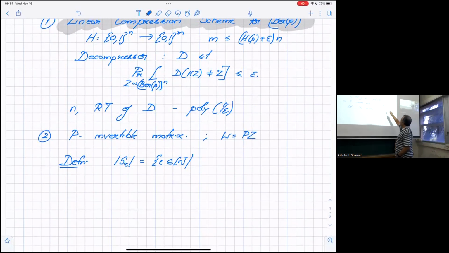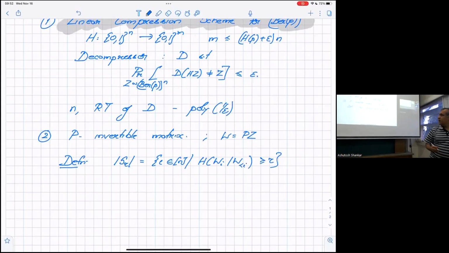Z will always refer to the Bernoulli(p)^n distribution, and W is the image of this one. We wanted the number of coordinates for which these are unpredictable, even given the past, the conditional entropy being less than tau.